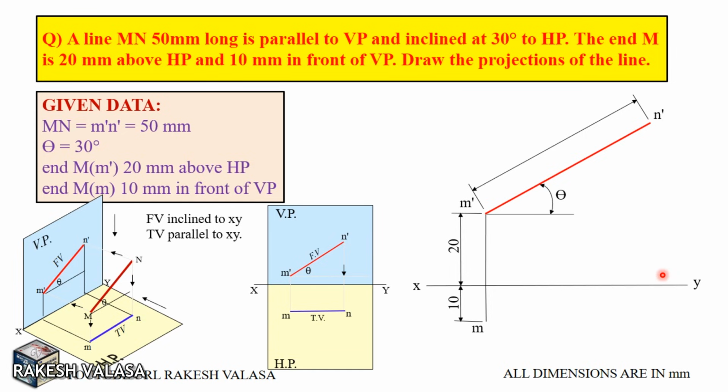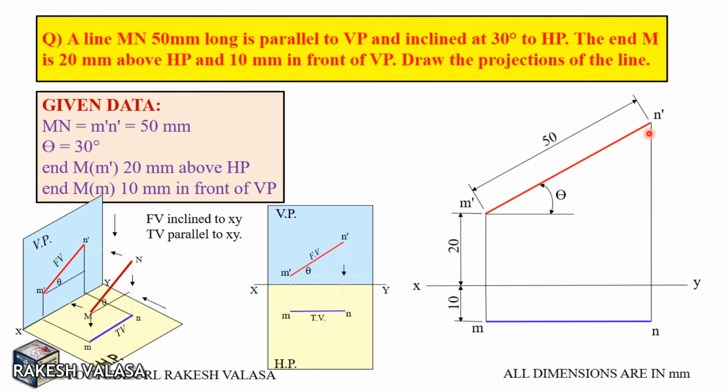For constructing the top view, draw the projector line from N dash. Then also draw the horizontal projector from M point. Where these two lines intersect, that point is N. So this MN is the top view.